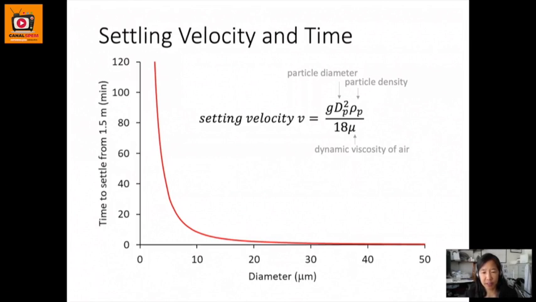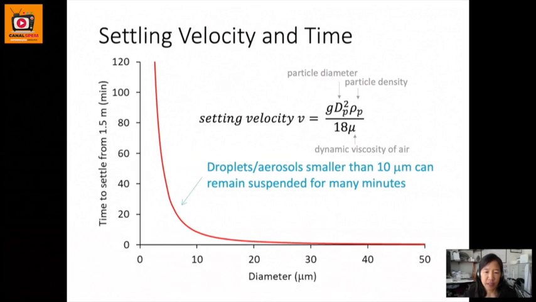So you can see that for things larger than 20 microns or so, those are only going to stay in the air for minutes or just seconds. But once we get down to smaller sizes, smaller than 10 microns, those can stay suspended for many minutes. As we go to smaller sizes, we're looking at minutes to hours.